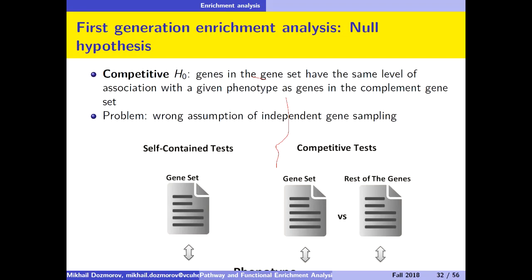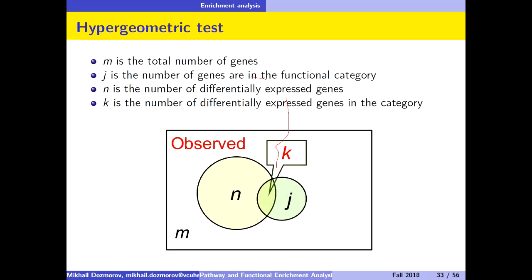But you can look at the rest of the genes and identify what proportion of genes in the rest of the genes also are annotated as being from hypoxia pathway. So you look at the proportion of genes that are differentially expressed and in hypoxia pathway, but also differentially expressed, but not in hypoxia pathway. So you look at the proportions, and we will look at how it looks in statistical terms in just a second.